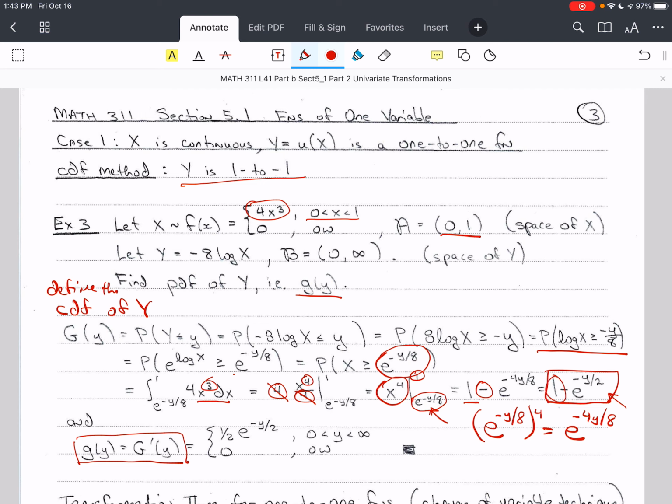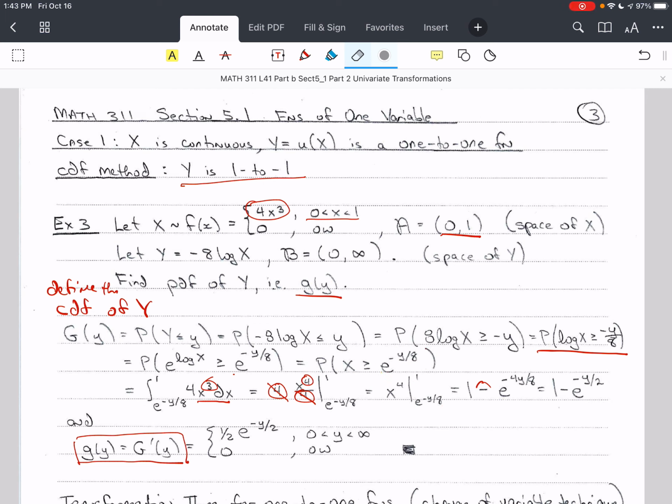I have a negative e, so let me write this out quickly. So d/dy of e to the negative y over 2, and I'm going to put a negative out here for this negative. Then I'm taking the derivative, so the derivative of e to the u with respect to u is just e to the u.